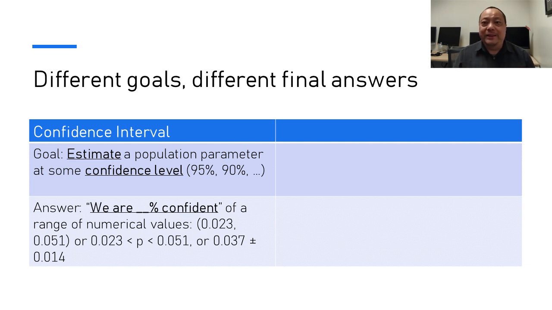This range can be written in interval notation, such as (0.023, 0.051), or as a compound inequality, 0.023 < p < 0.051, or as a point estimate plus or minus a margin of error, such as 0.037 ± 0.014.